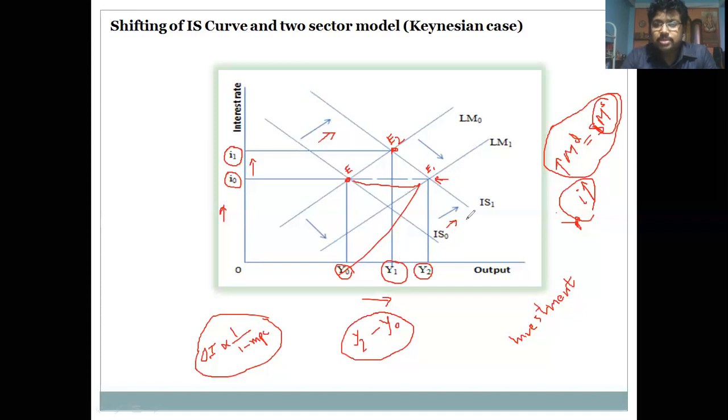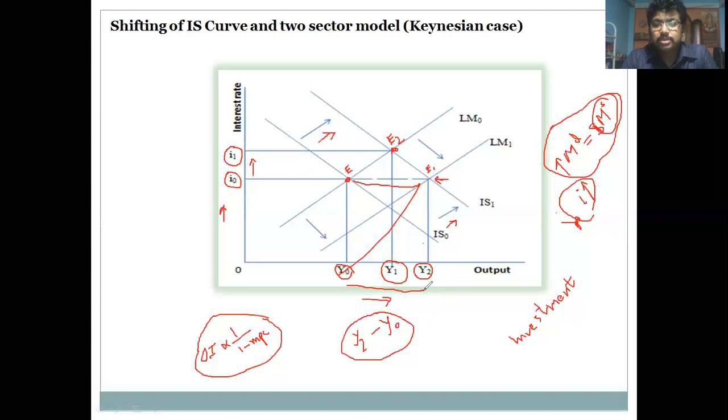In one sector model, the multiplier works in full form. And as a result of the multiplier effect, we get Y2 amount of output, the increase from Y0 to Y2. But as there is an increase in interest rate, there is a negative effect on investment.